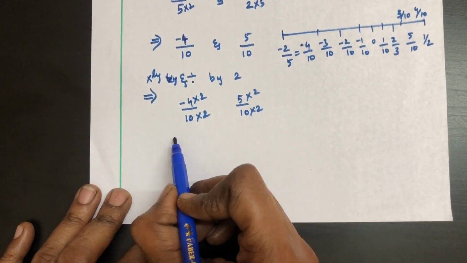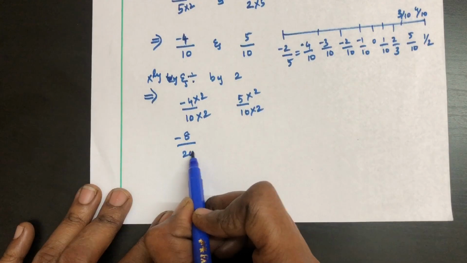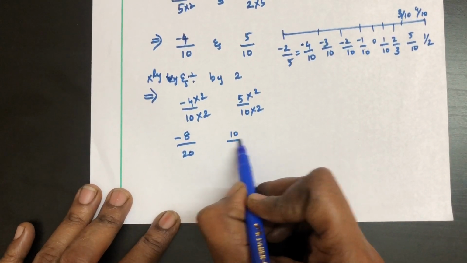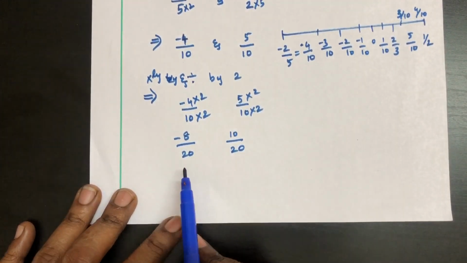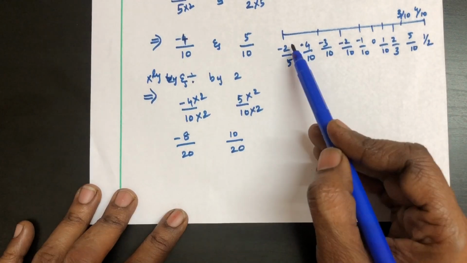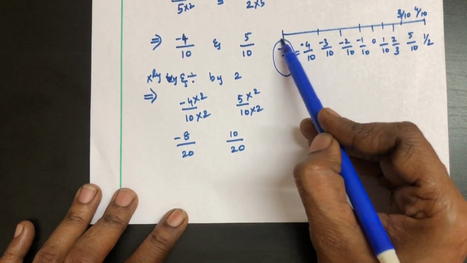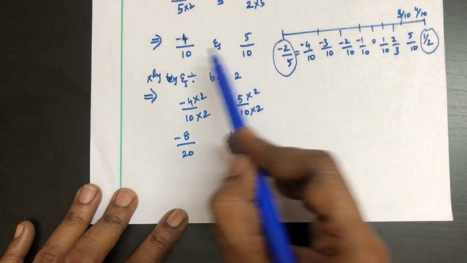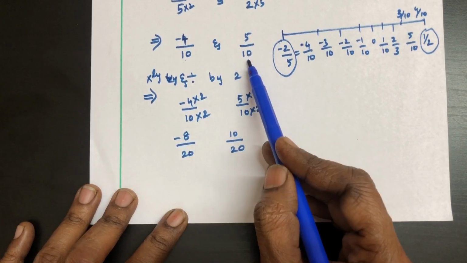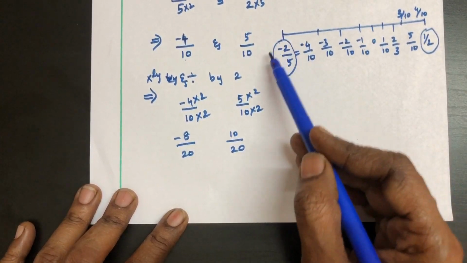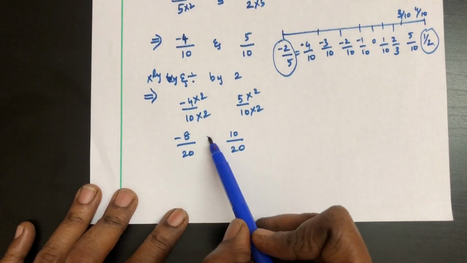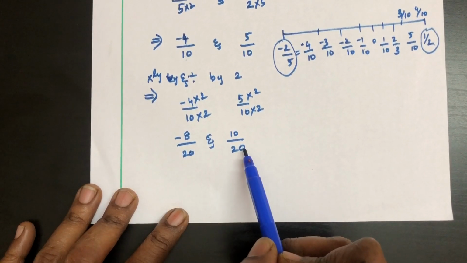So this becomes minus 8 by 20 and 10 by 20. I think it is also the same number only. We have changed this number and this number as minus 4 by 10, 5 by 10. Now we have changed them as minus 8 by 20 and 10 by 20.